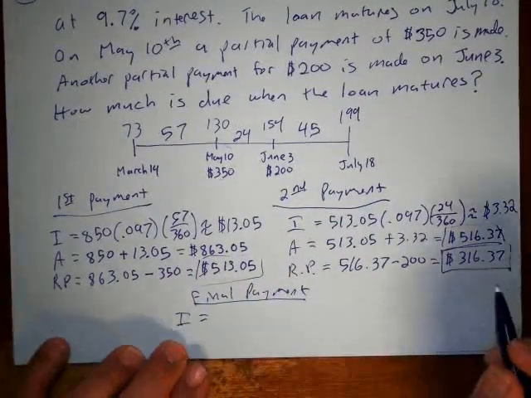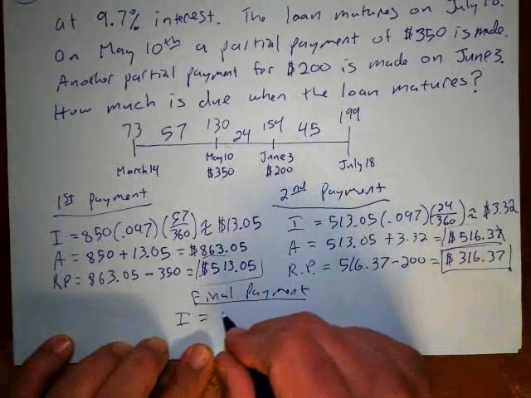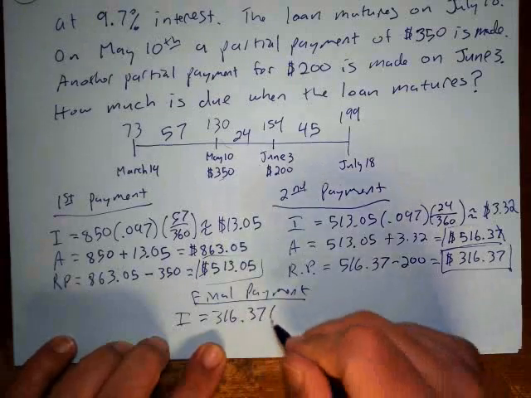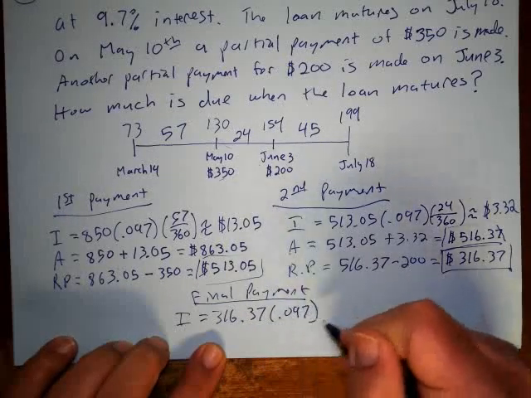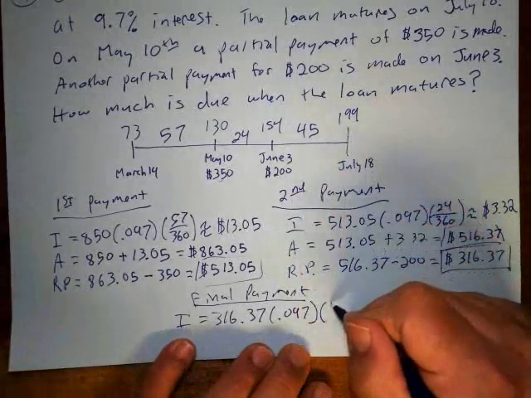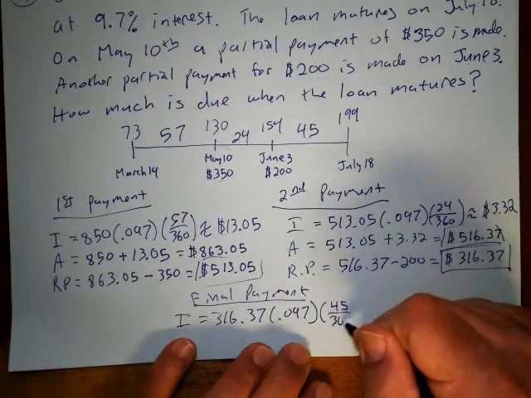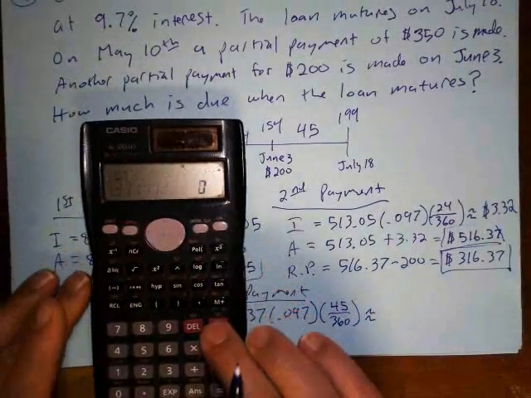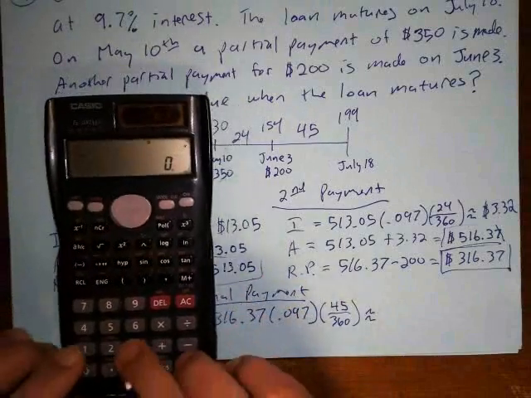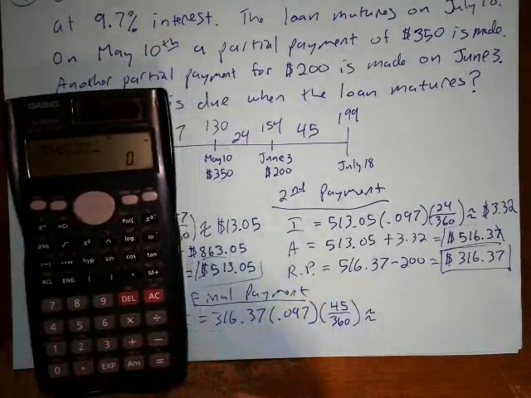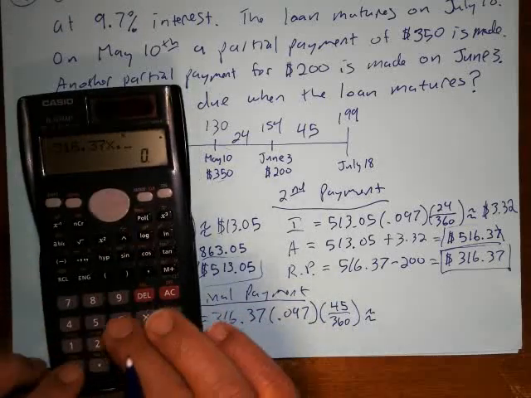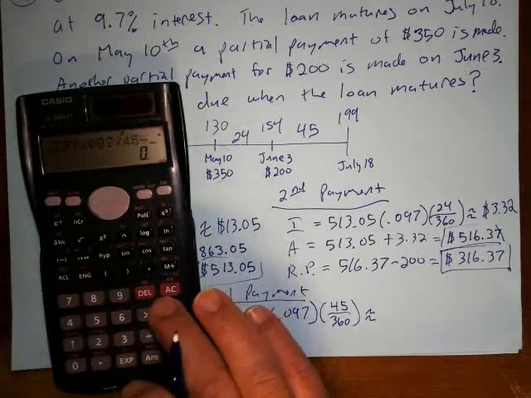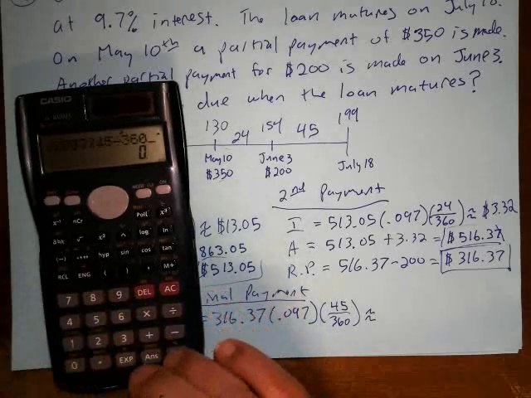Okay, the interest is going to be over this amount, so $316.37. Okay, 9.7% interest. This time it's 45 days divided by 360. Okay, so 316.37 times 0.097 times 45 divided by 360.